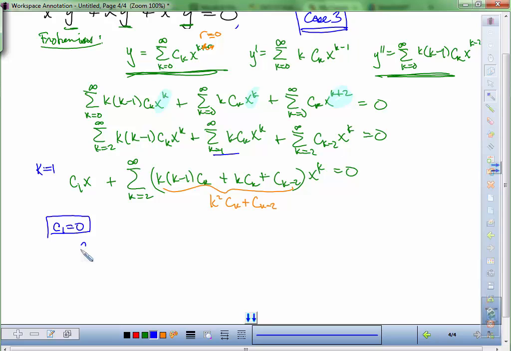I get ck is equal to, if I set this equal to 0, I bring the ck minus 2 over to the other side, so that's negative ck minus 2, and then I divide by k squared.